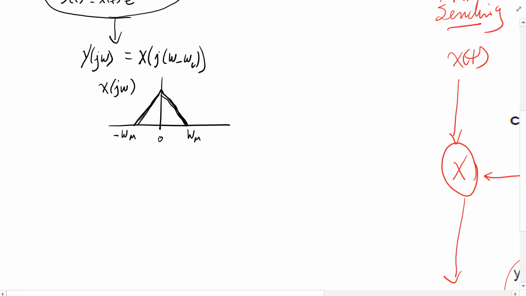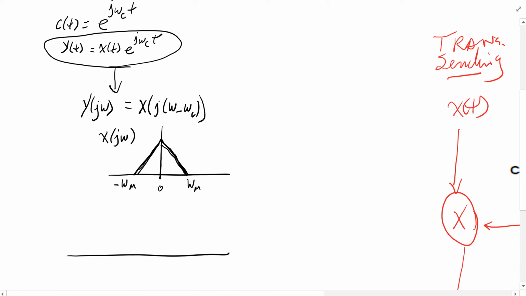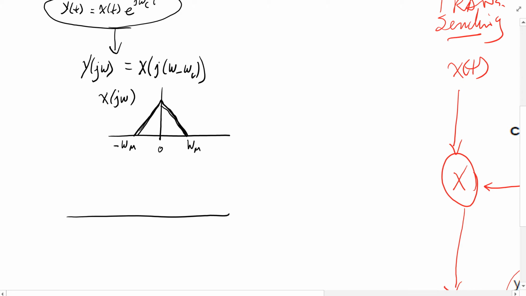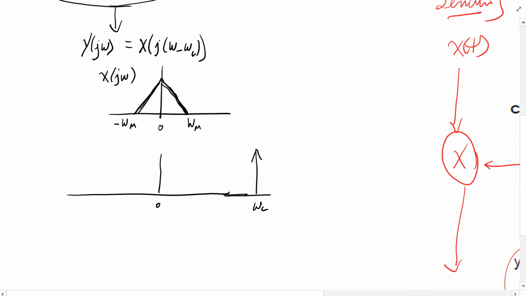All right. So if I take this and remember what e to the j omega c t was, it basically said that at omega c, the carrier, it has a value of 1. And this is your carrier, the Fourier transform of your carrier frequency.